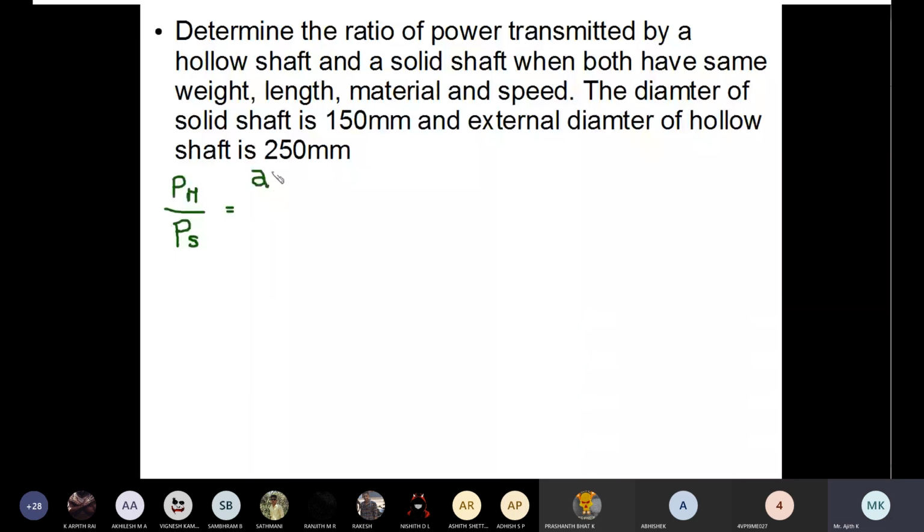Power transmitted is given by 2 pi N T for hollow divided by 60, divided by the power transmitted by the solid shaft. That is given by the same equation, 2 pi N into the torque transmitted by the solid shaft divided by 60.